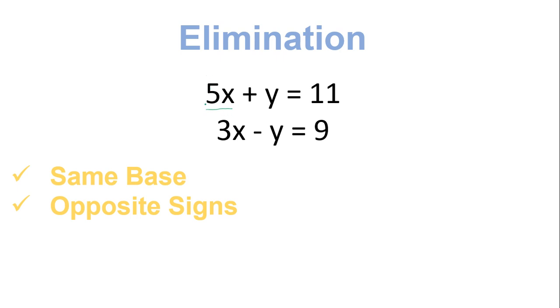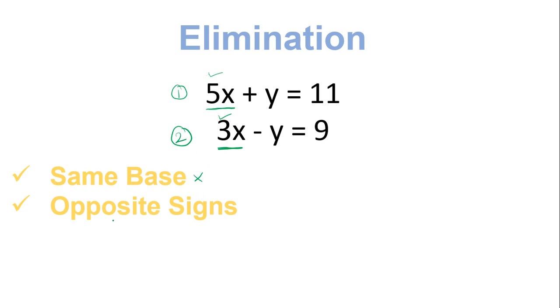Let's say this is my equation number 1, this is my equation number 2. What I have to see is, in equation number 1 and equation number 2, for the variables that are the same, what bases do they have? In equation number 1, the term is 5x, and in equation number 2 it is 3x. The base here is 5, and the base for the second equation is 3, which means that my condition for elimination, the same base, is not satisfied when I'm dealing with x.